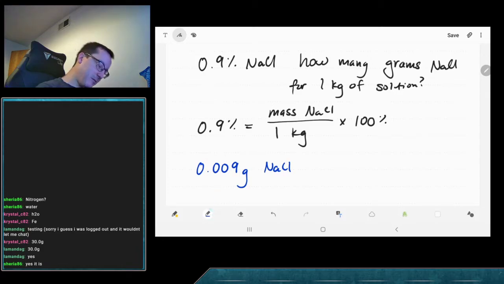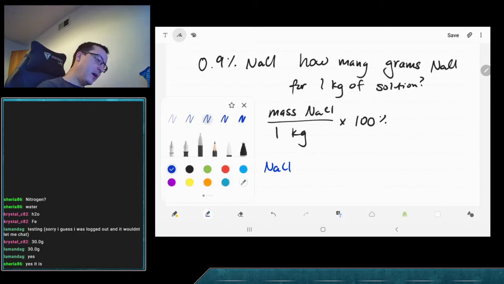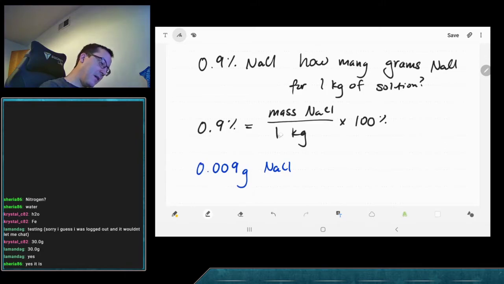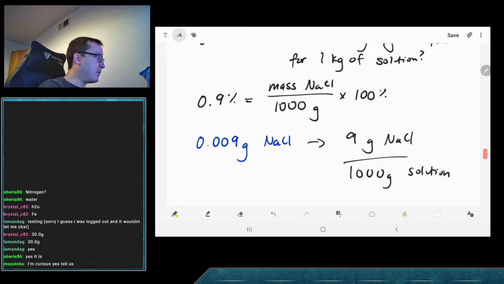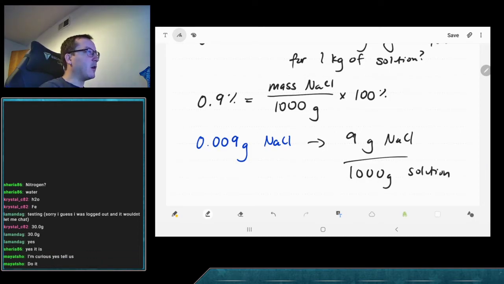I don't want to. Okay, so we need to technically have these in the same units. So this would technically be 1,000 grams instead. What this is saying is that we actually need 9 grams of sodium chloride per 1,000 grams of solution. That would make more sense. Technically you need your units to cancel out.